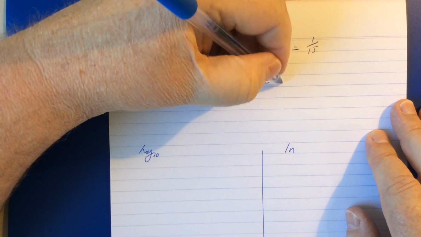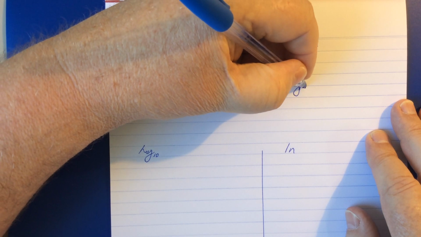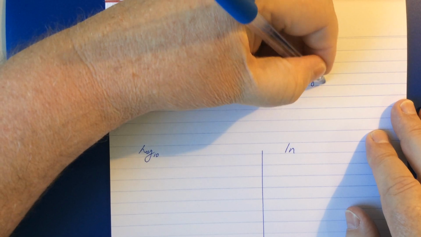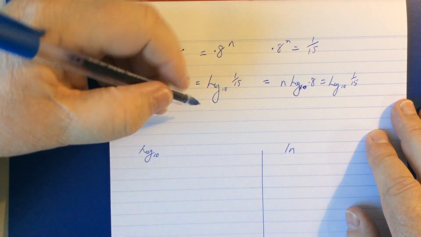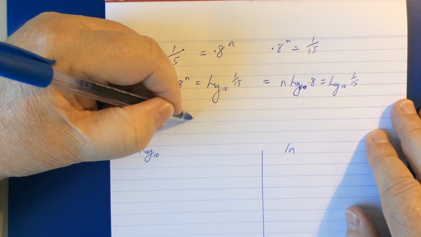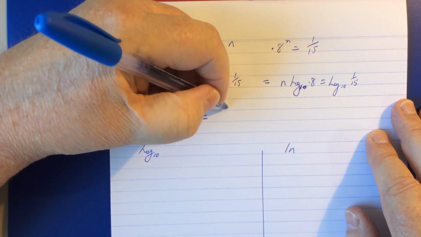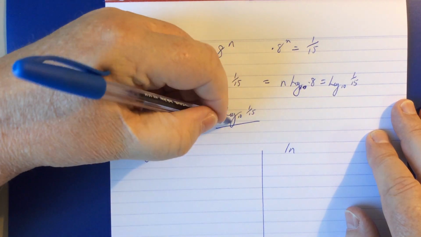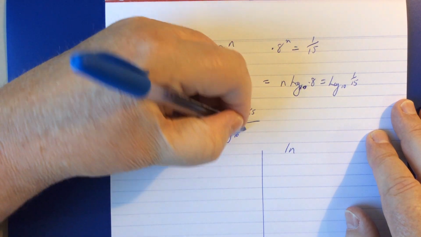So we can rewrite this as n log 10, not log n, log 10 of 0.8 is equal to log 10 of 1/15. We're very nearly there. So with a little bit more work, we get n is equal to log 10 of 1/15 over log 10 of 0.8.